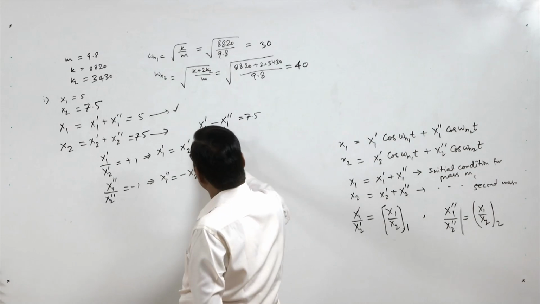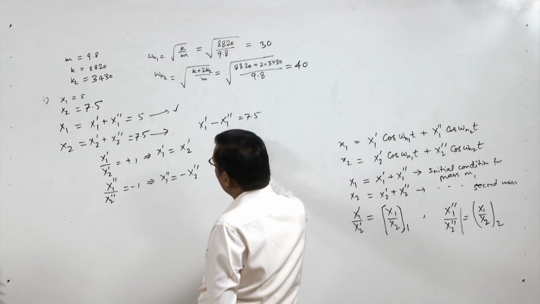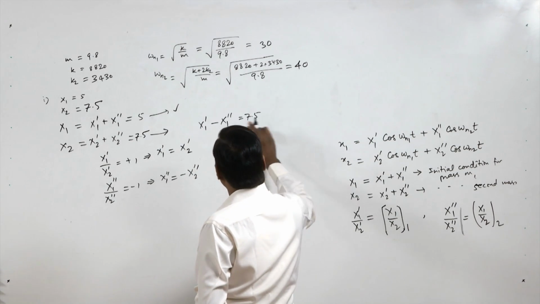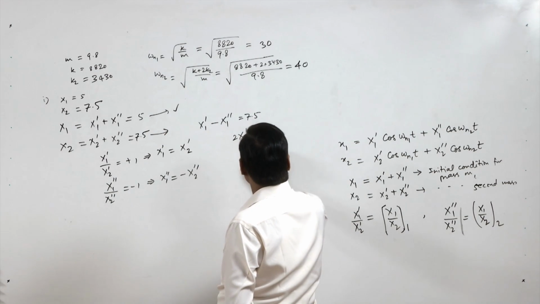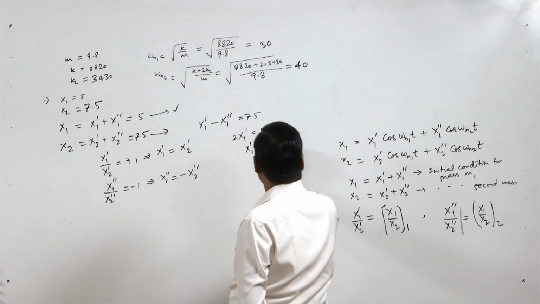Now we add these two equations. So what we will get, 2 x1 dash equal to 5 plus 7.5, it is 12.5. So x1 dash is 6.25.